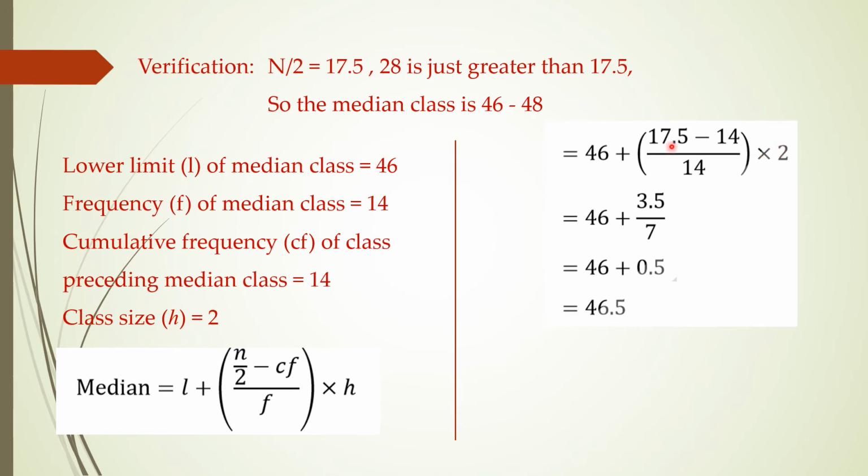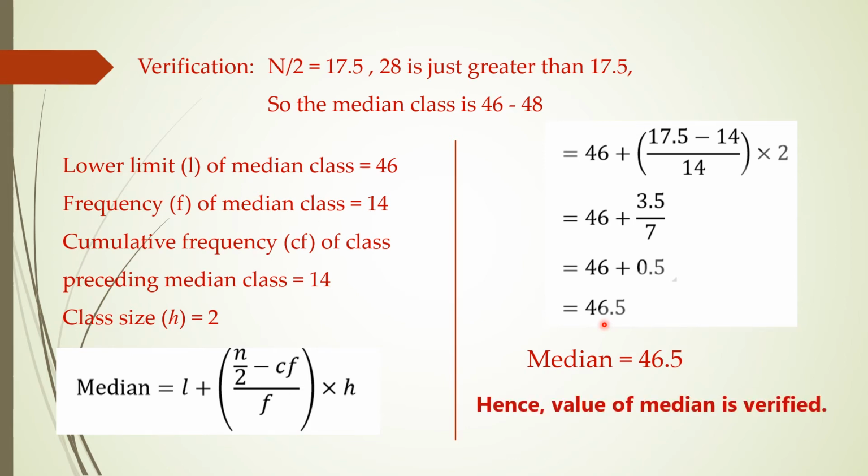Now 17.5 minus 14 is 3.5. Here you can cancel 2 sevens, so 3.5 by 7, and 46 plus 3.5 by 7. You can go for regular division, that is 0.5. Adding these two, I get 46.5. Here also I got the median as 46.5. By using the graph also, you get the median as 46.5. Therefore, the value of the median is verified.